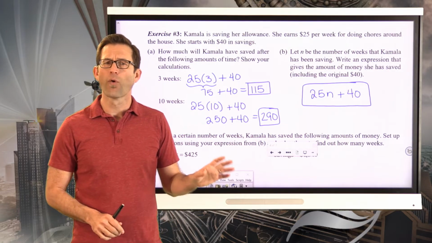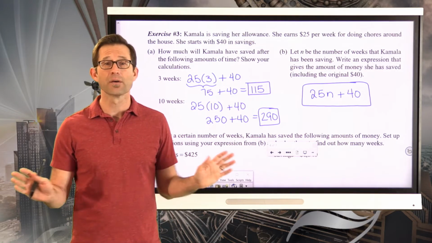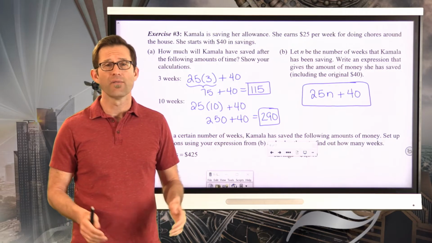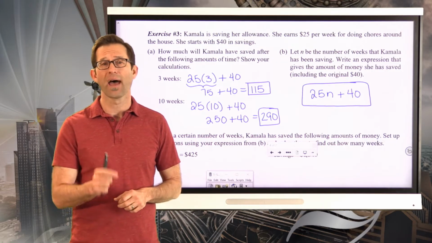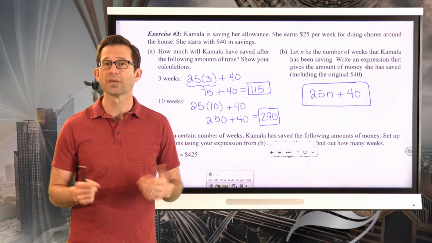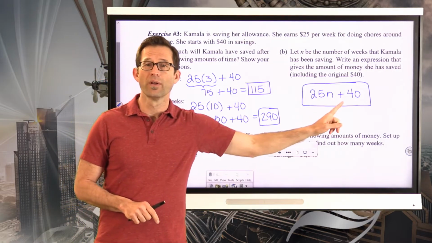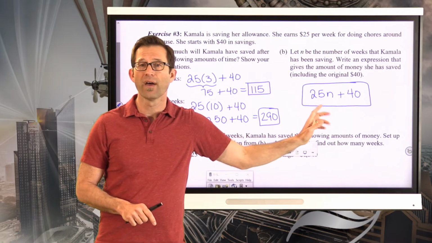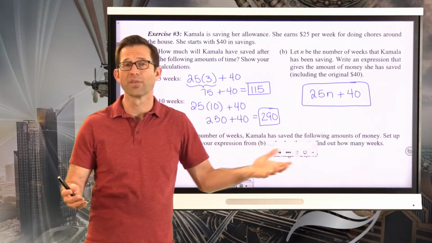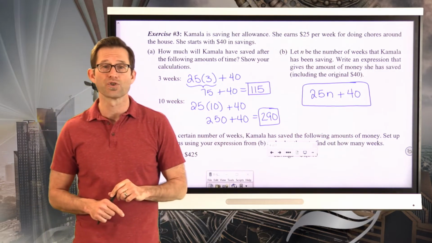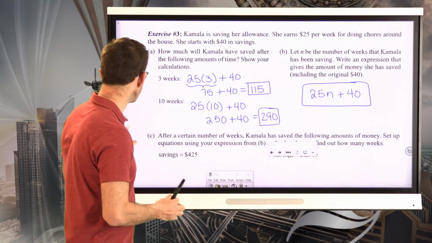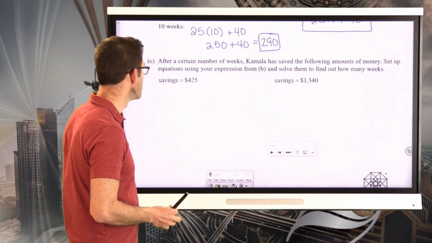Now, if you wrote down 40 plus 25n, that's completely okay, right? That's the idea of, I started with the $40, and now I'm going to add 25 times the number of weeks. But those two are algebraically equivalent because, again, 25n plus 40 and 40 plus 25n are the same due to the commutative property of addition.